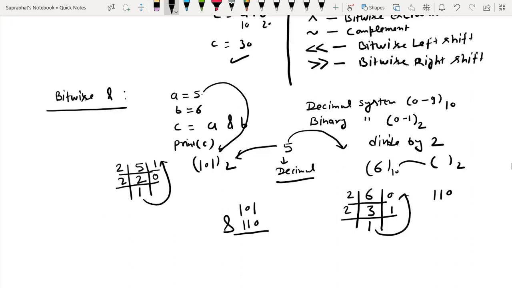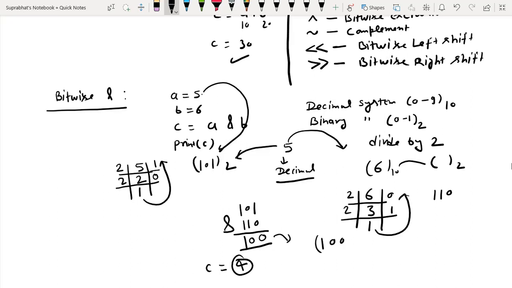So 1 0 means 0, 0 1 means 0, then 1 1 means this value is 1. So now we have got the result in C. We are getting the result 4. How 4? Because 4 is in decimal, and the binary calculation output is 100.